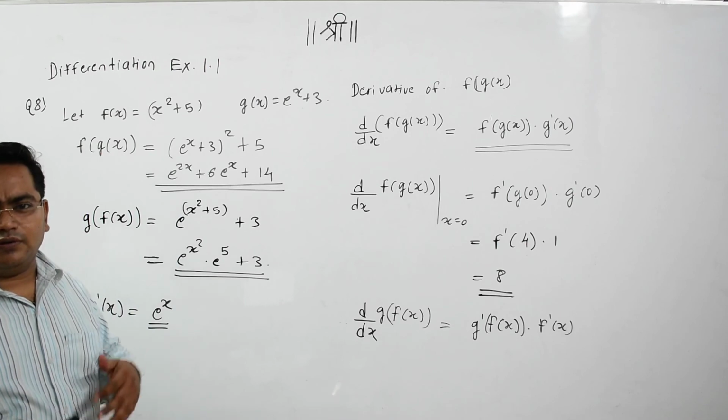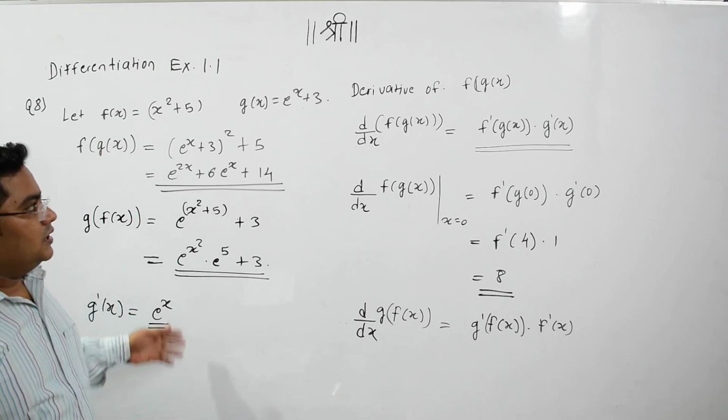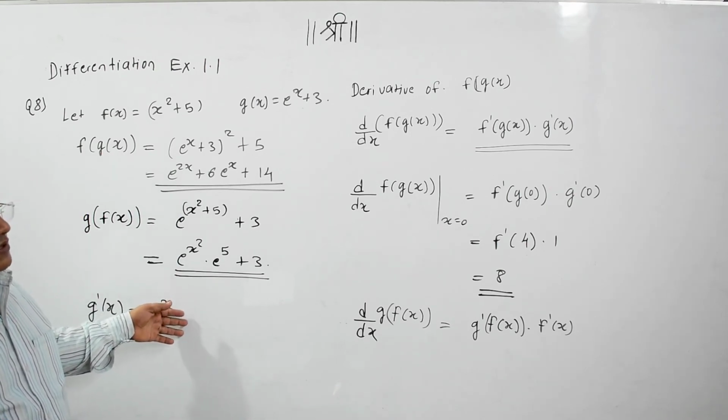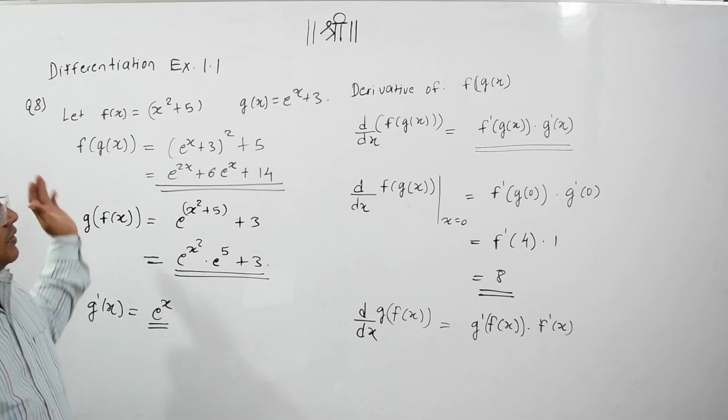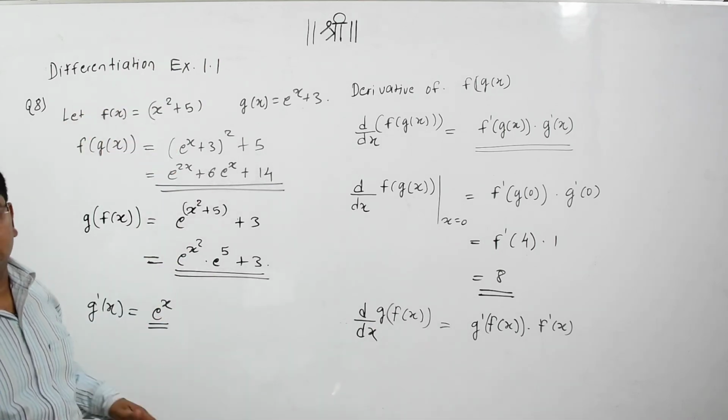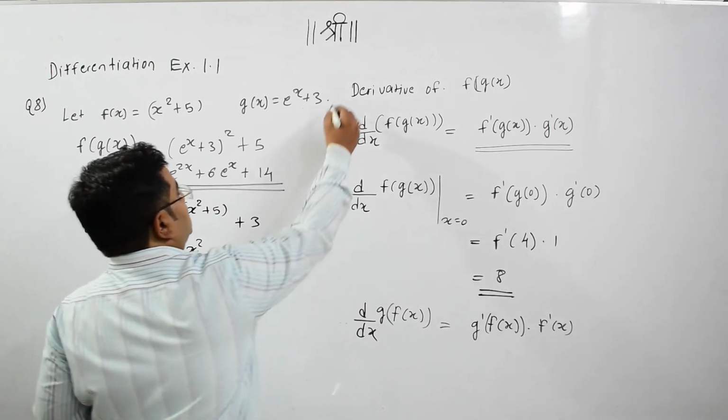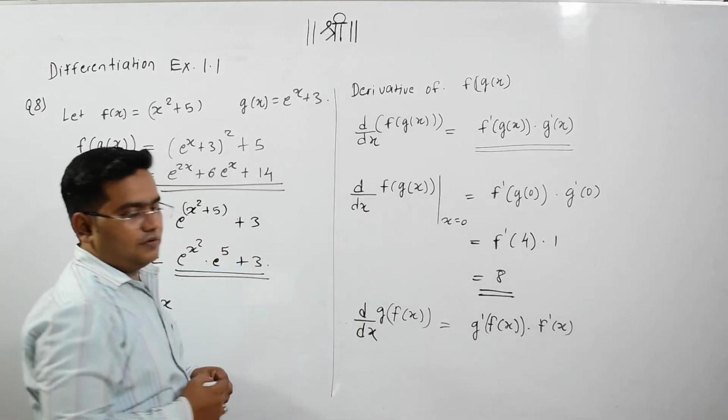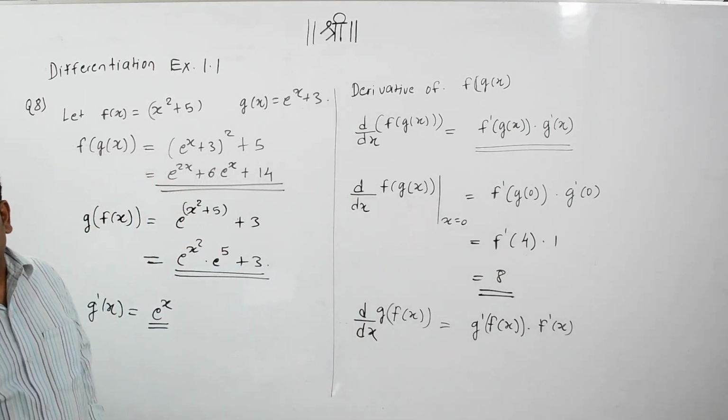I was about to leave this question, but I thought you will require it, because this question looks easy, but we have so many internal terms which we need to substitute. So in terms of g of f of x you need to find out on your own.